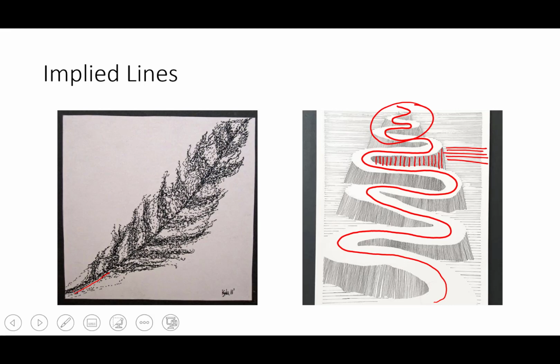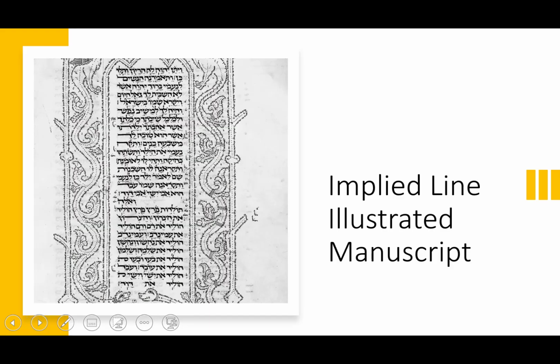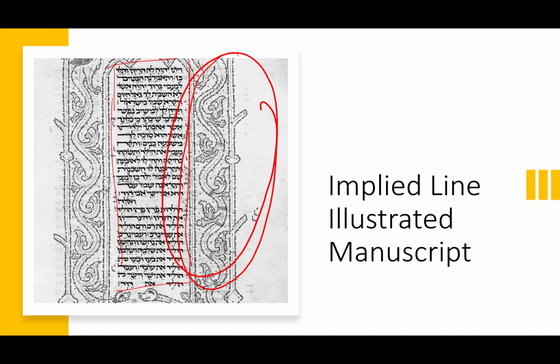So you can do a lot of cool illusion stuff with implied lines, and they're really fun to do because you can do it with everything. This is from an illustrated manuscript from a Jewish religious text, and you have the normal writing in here, and this part here is what looks like implied line.